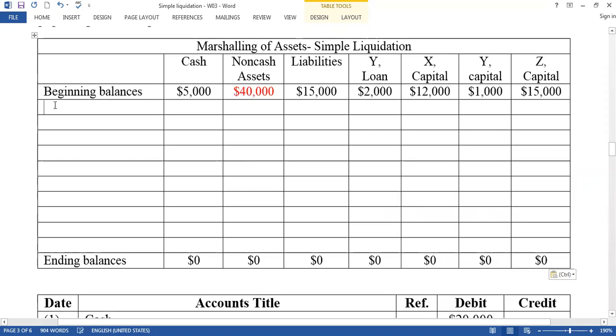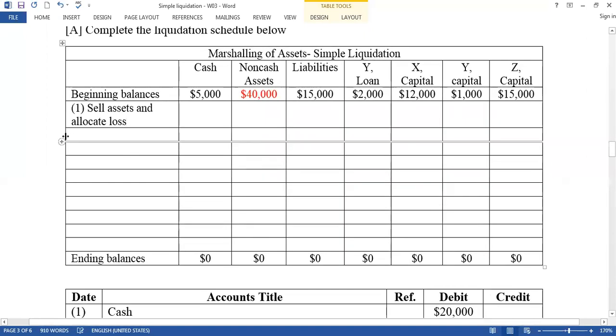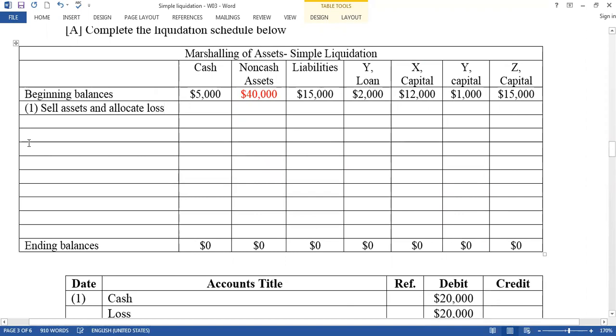So what is the first item? If we remember, we sell our asset, right? Sell assets and allocate loss. This is our first transaction, right?